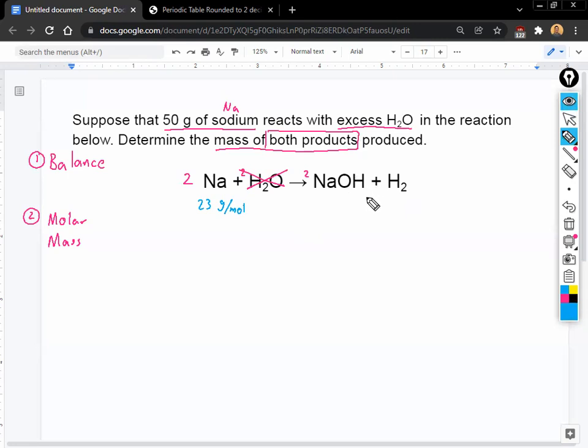Now, I'll give you guys about 2 minutes. I want you to work by yourself or with your partner, and I want you to calculate the molar mass of NaOH and H2. So take about 2 minutes to do that. We'll go over them together, and then we'll set up step number 3. Take 2 minutes to find the molar mass of NaOH and H2.